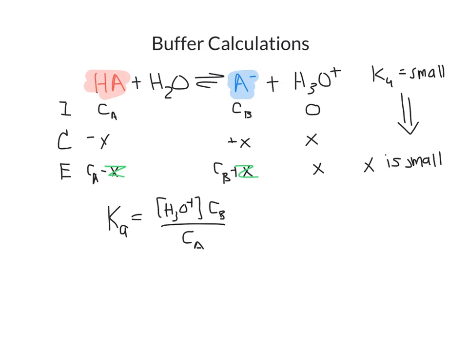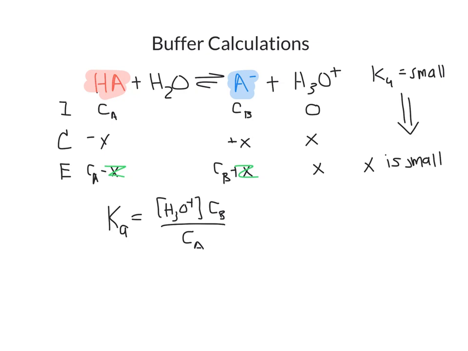And I can use the initial concentrations only because I start with significant amounts of those so that I can ignore X relative to both of these concentrations. So this trick is not going to work if I don't have some conjugate acid and some conjugate base to start with, i.e. if I don't have a buffer solution.